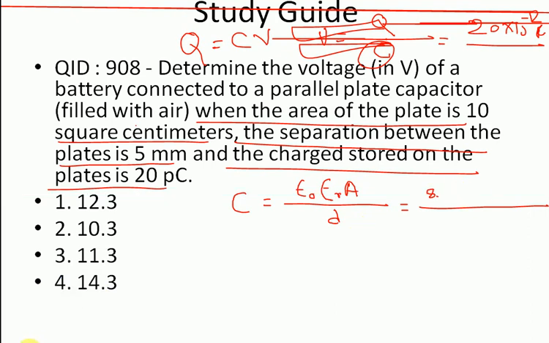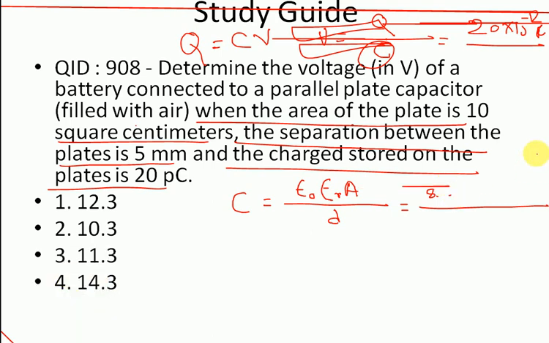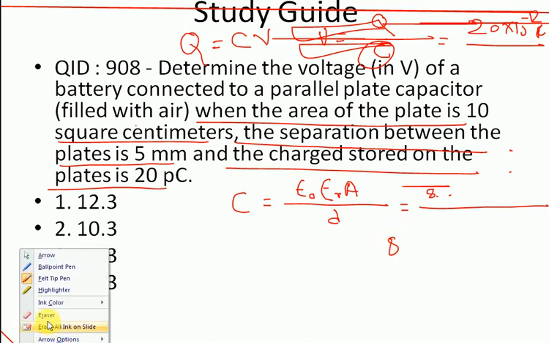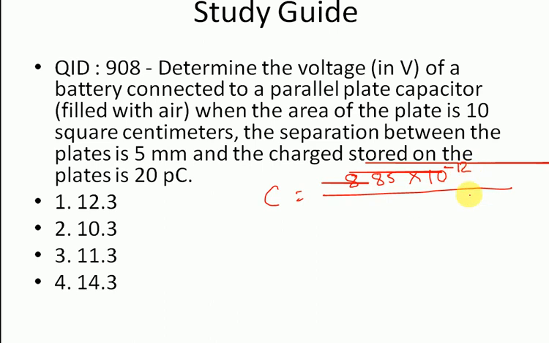So C equals 8.85 into 10 to the power minus 12, multiplied by how much?